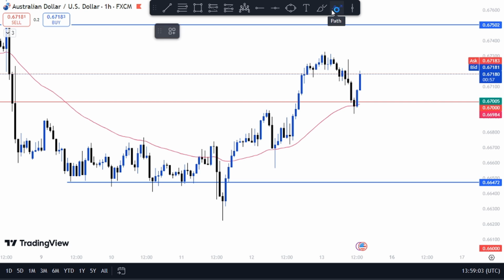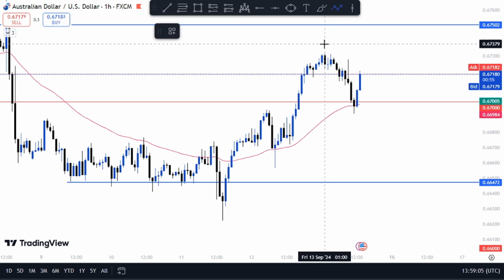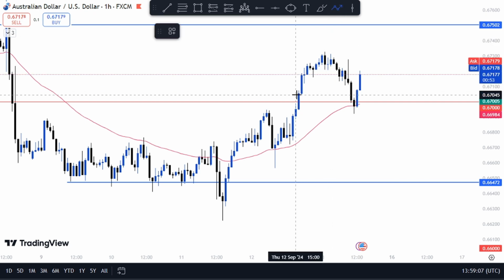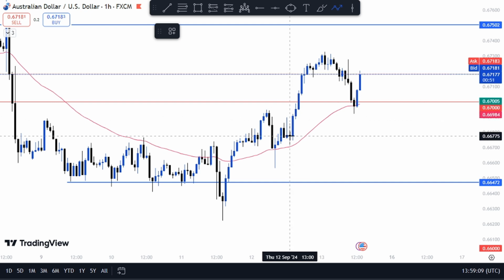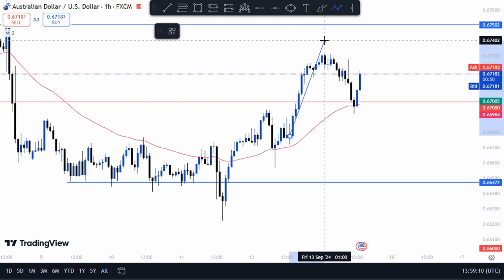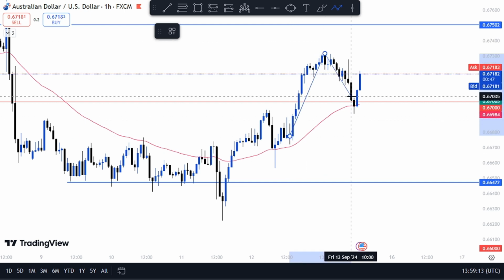So what you want to see here is that the market should change direction. You know that the daily and the 4 hour are bearish. So you want to wait for the 1 hour or the 30 minutes or the 15 minutes to change to bearish, to do something like this.